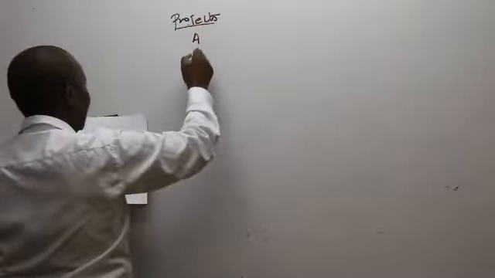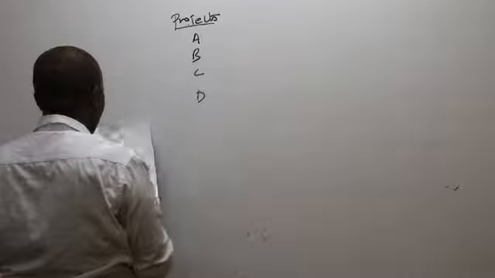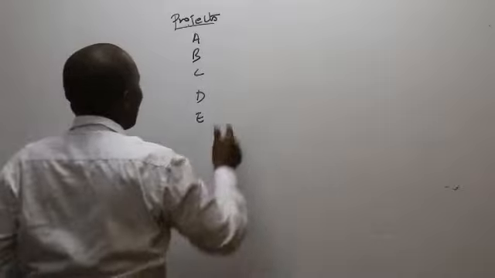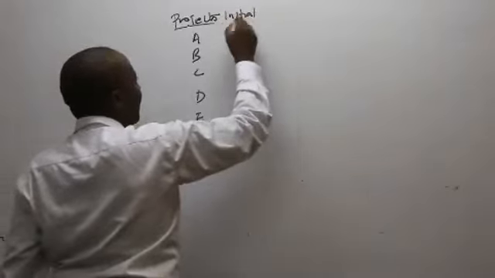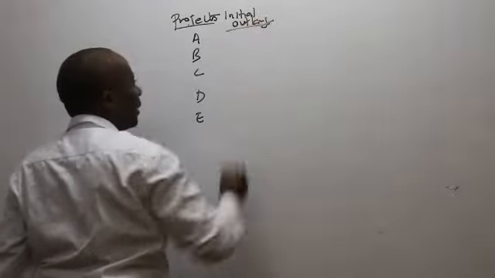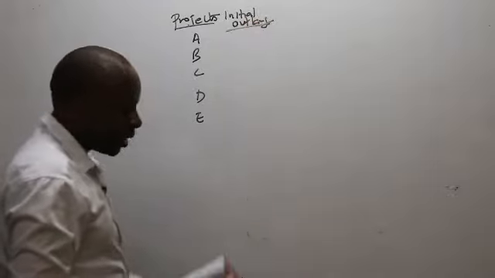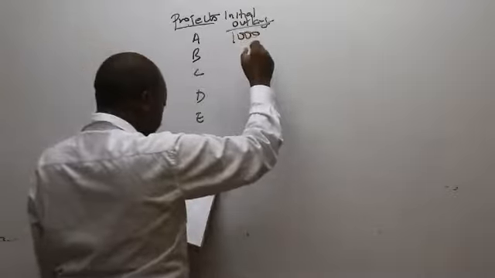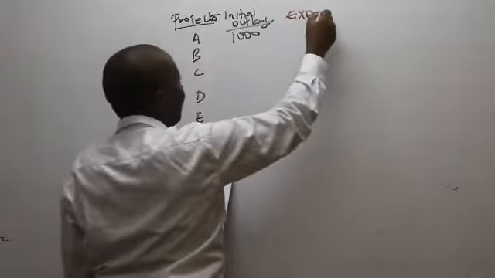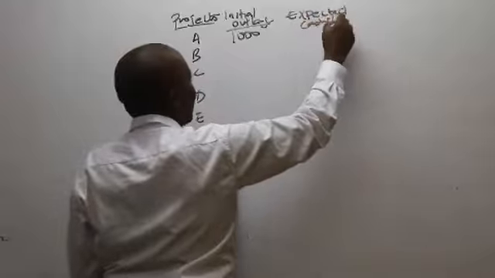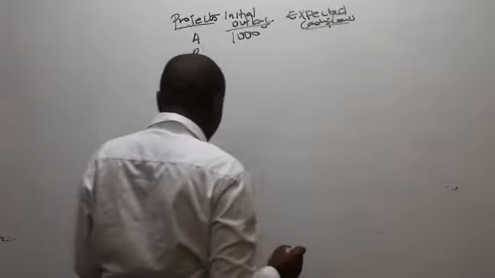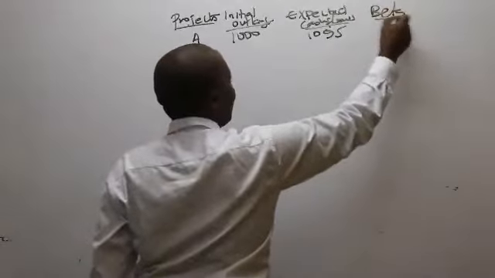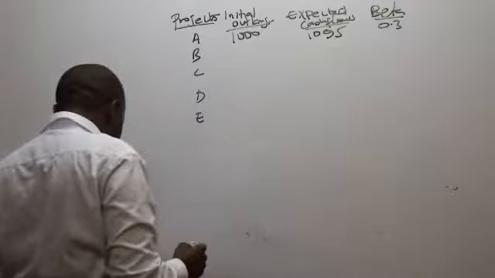We have A, B, C, D, E. They have given us the initial outlay, which is 1,000, and then we have expected cash flows of 1095, and a beta of 0.3.